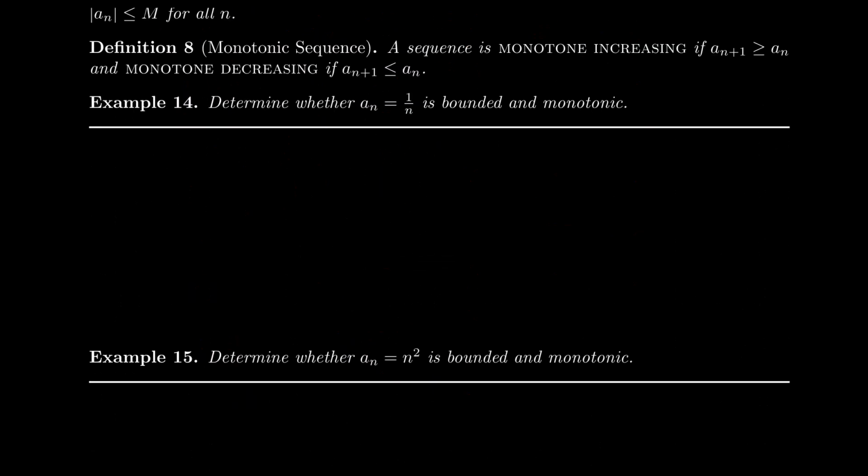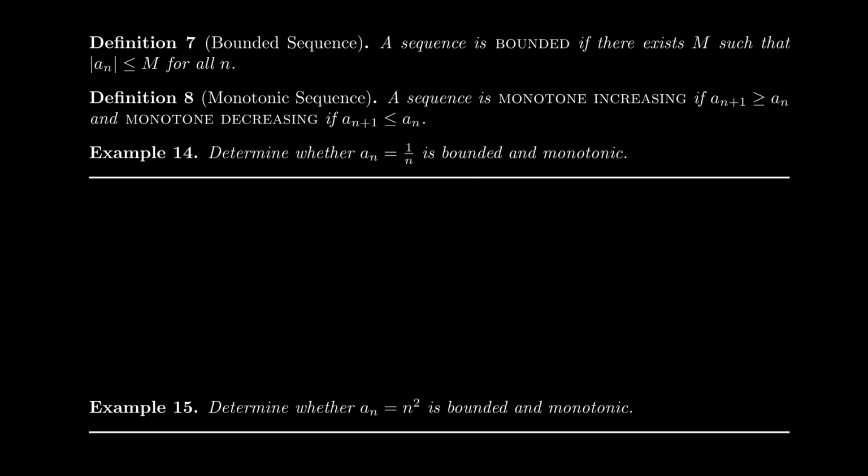Now, that idea of boundedness from the last problem takes us to this definition. A sequence is bounded if there's some number that the sequence is always smaller than, no matter what number you put in. That should make sense.